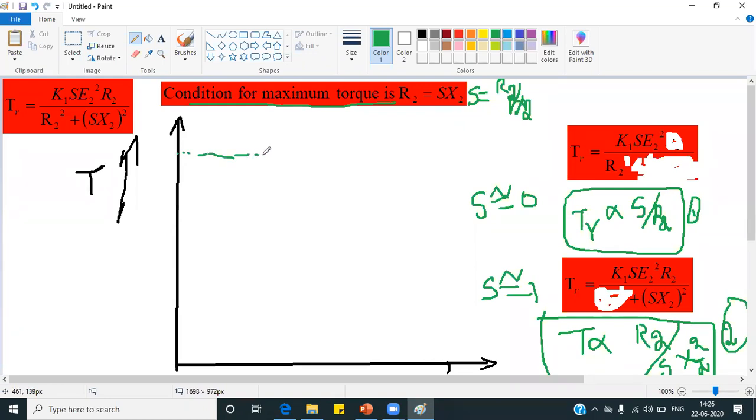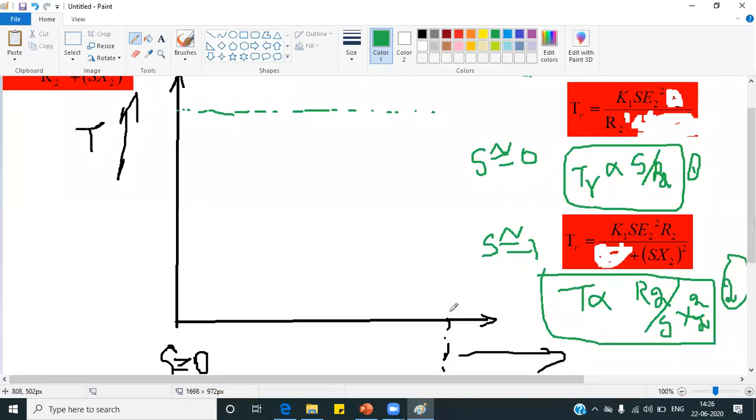Let's say this is the maximum torque point somewhere, and now this is slip equal to 1. So this is the rectangular box I got.